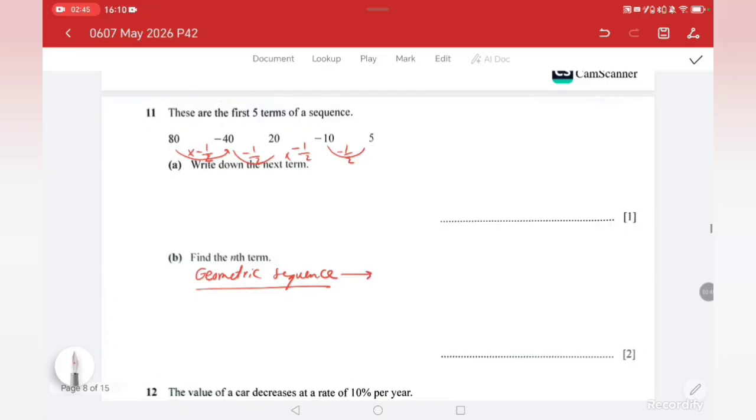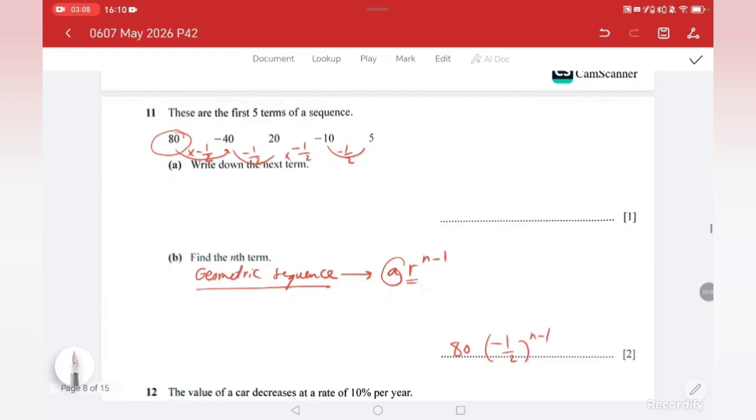In a geometric sequence we have a formula: the nth term is a times r to the power of n minus 1. A is the first term, here 80, so you can just write 80, and r is the common ratio, which is negative 1/2, to the power of n minus 1.